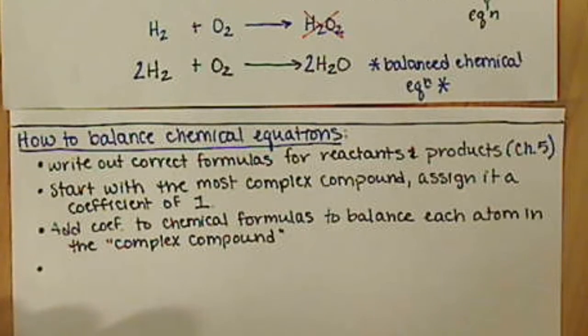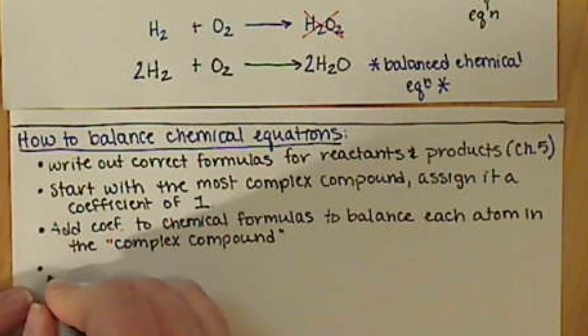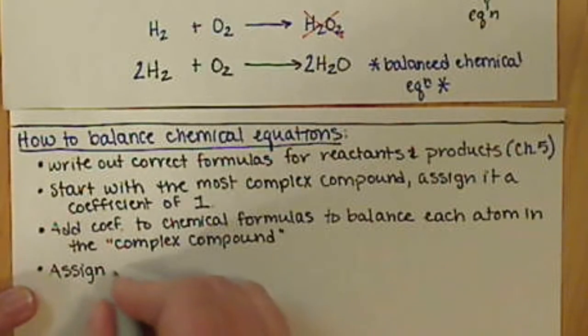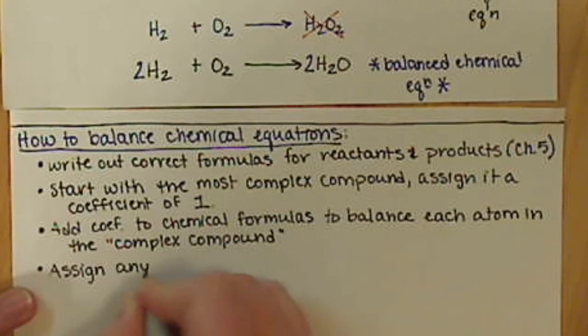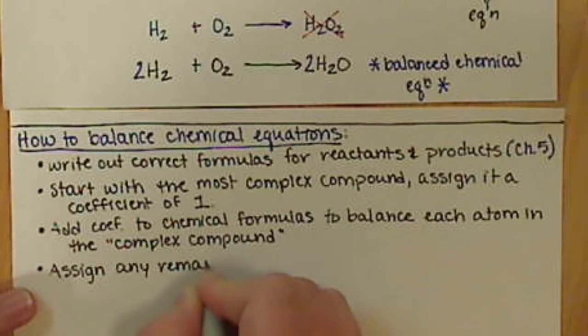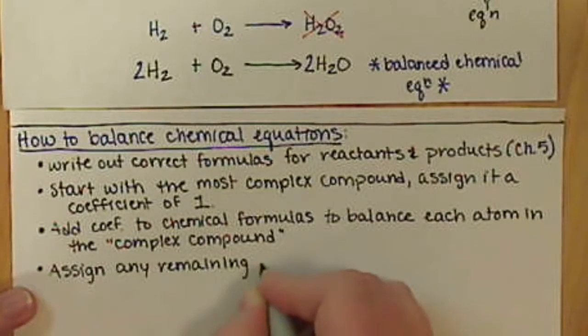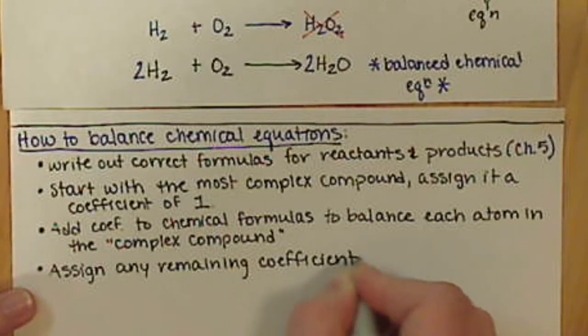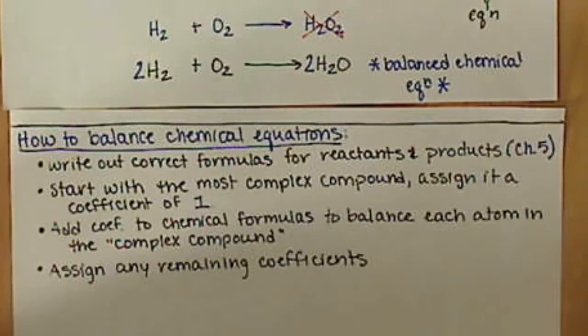Then basically you're going to assign any remainder coefficients. Okay, look at what hasn't been given a coefficient and determine what its coefficient should be.